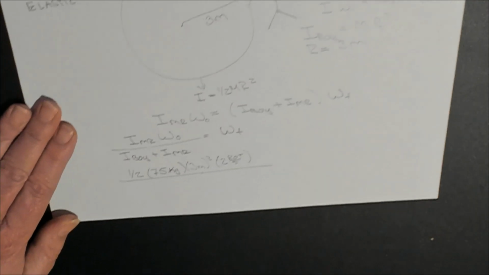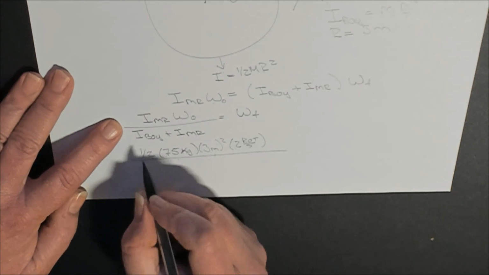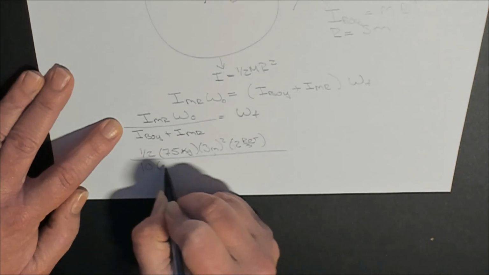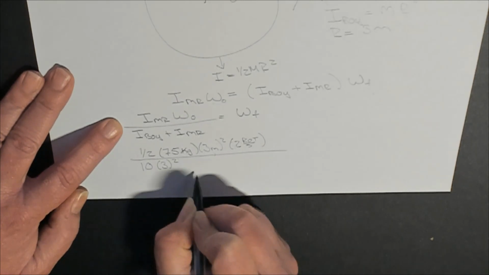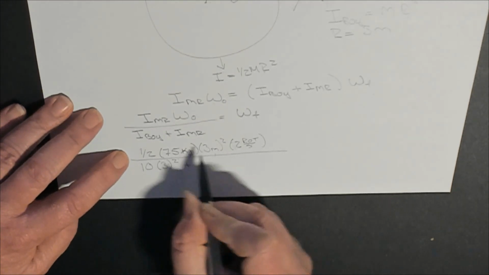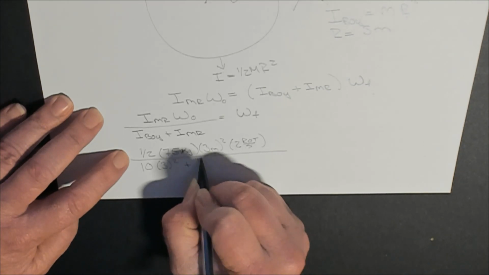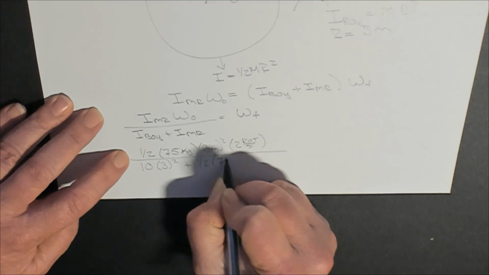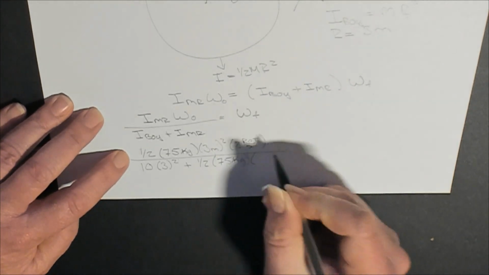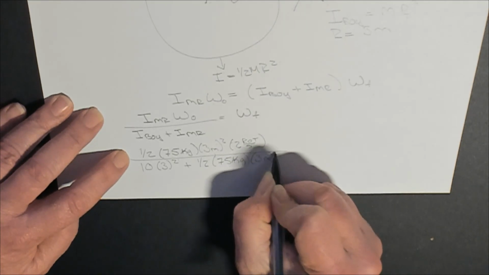Now, let's think about what's happening on the bottom. The I of the boy, well, we've just made him mr squared, so we have 10 times 3 squared plus, and I get to repeat the same moment of inertia for the sphere. So 1/2 75 kilograms times the radius, 3 meters squared.